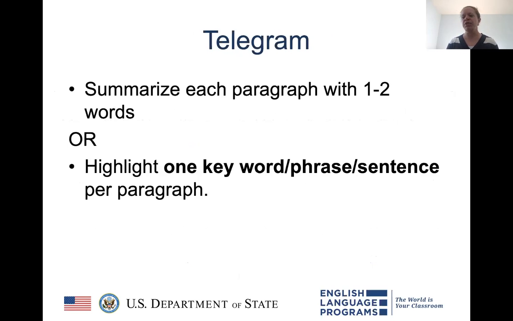Telegram is similar to margin notes, and Telegram is helpful, especially when reading bigger, longer, more academic texts. I taught this a lot to my university students to help them read textbooks or more academic articles. The idea is for each paragraph, they write 1 to 2 words that summarize that paragraph.